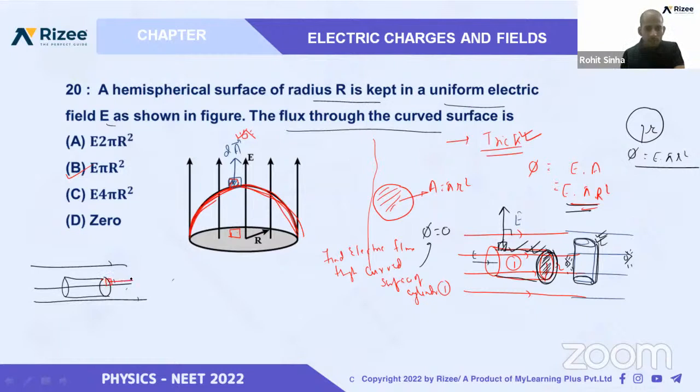Suppose this area is along this side, and this area is along this side. Got it? Remember, I am telling that I have to find the electric flux.